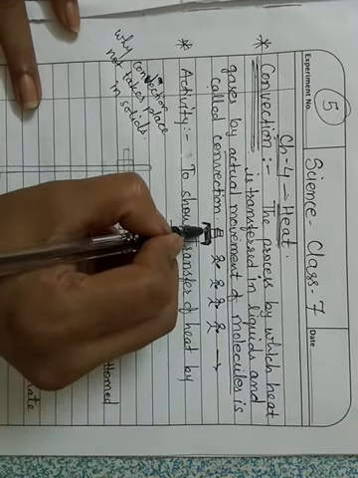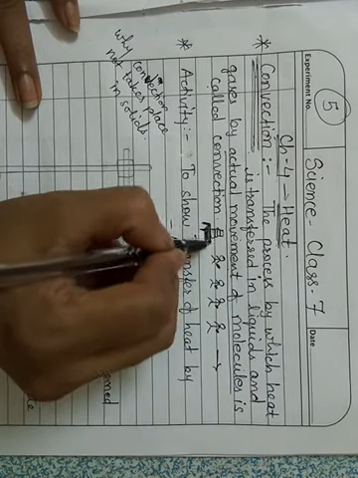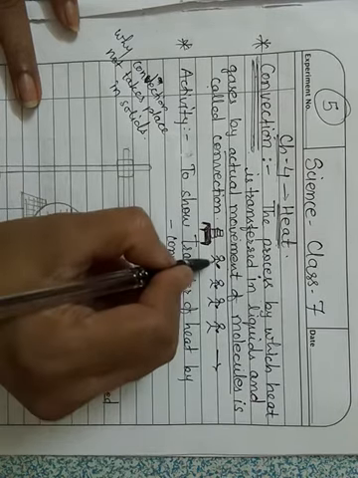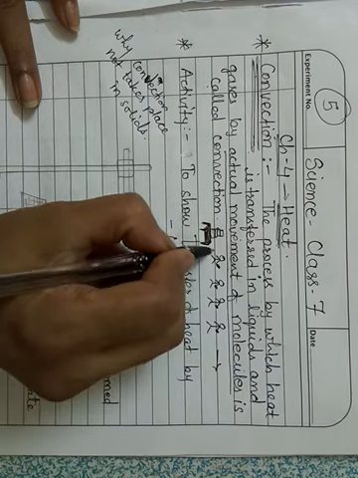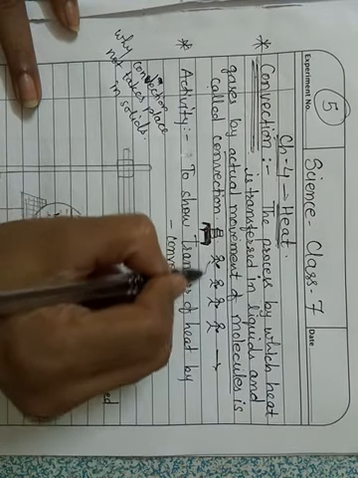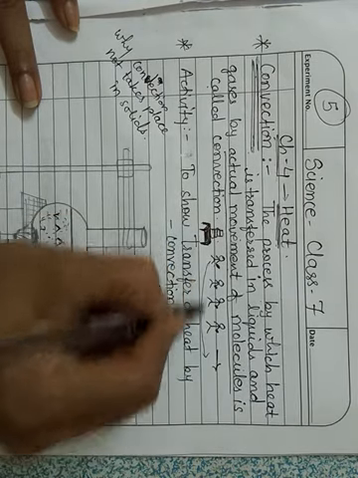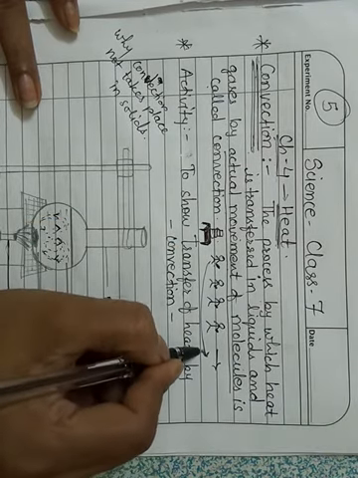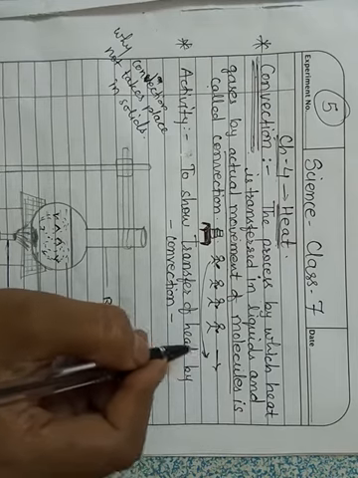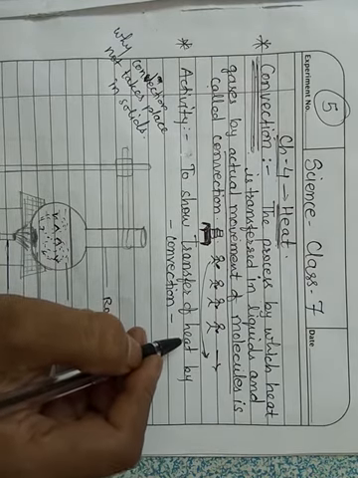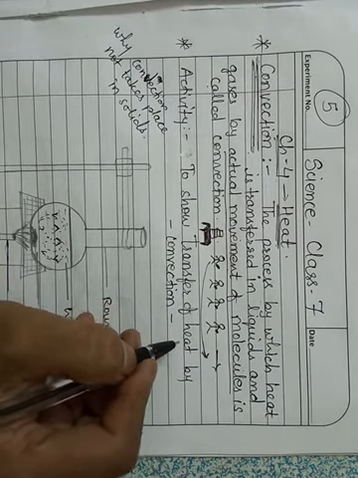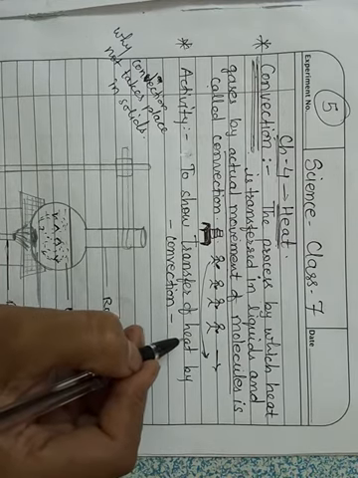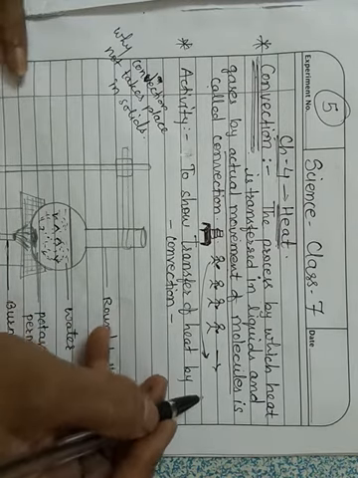Suppose these books are kept here on the table and the students one by one are coming, taking their book and moving. In the same way, the molecules in the air or liquid, after gaining heat, move away from the source of heat.